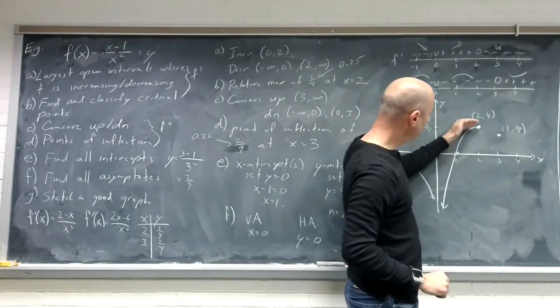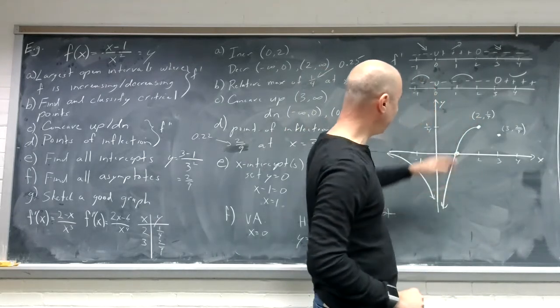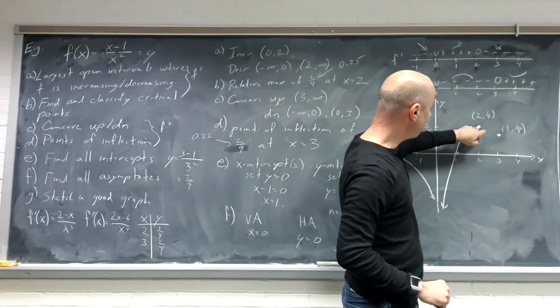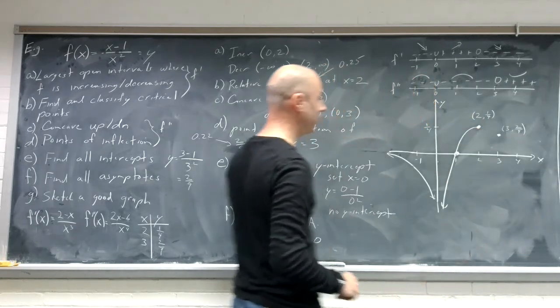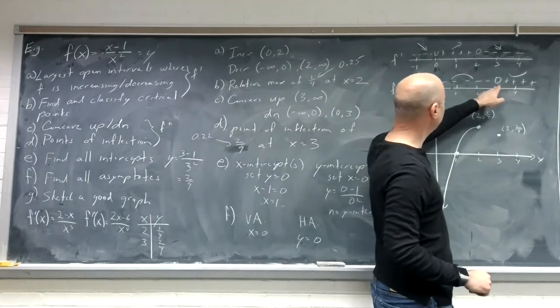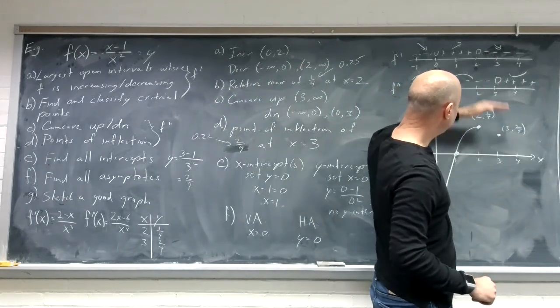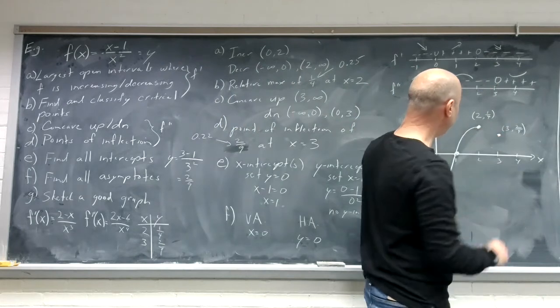Increasing, hill-shaped, go through that point. That's where we cross the x-axis. That's our x-intercept. Leveling out at the top of the hill at height 1/4 at x equals 2. From 2 to 3, we're decreasing now, but still on a hill. Decreasing on a hill, we go through this point.